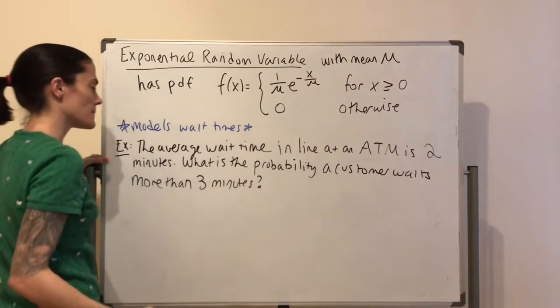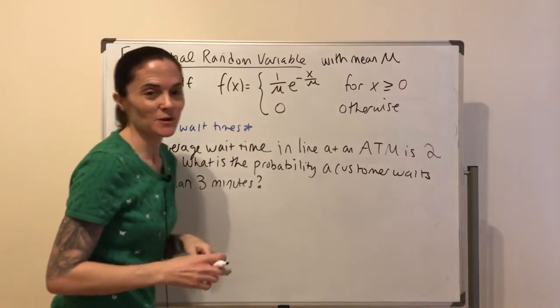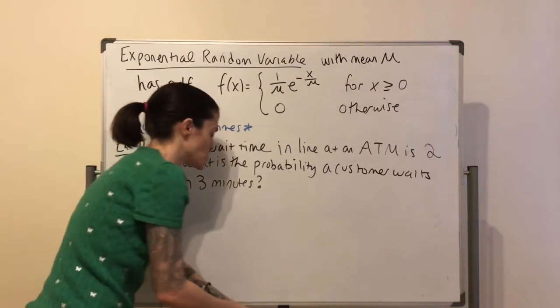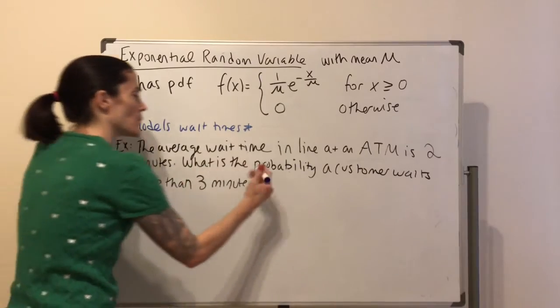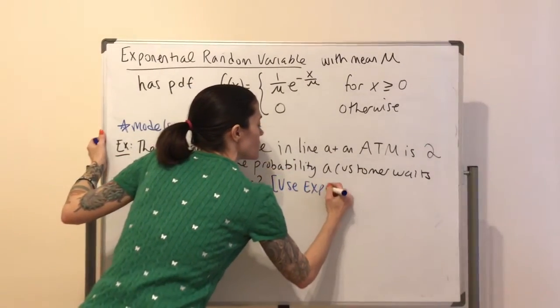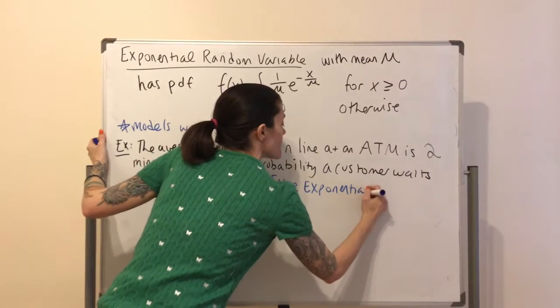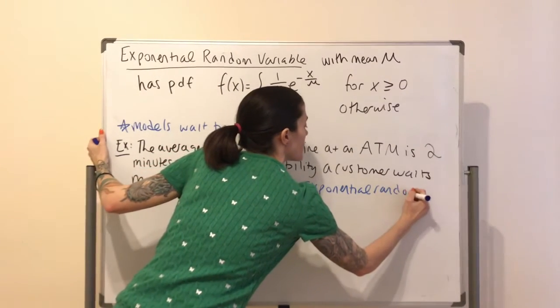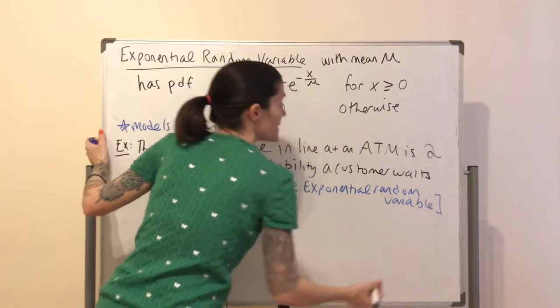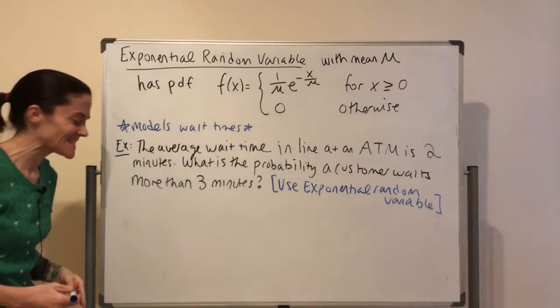And then part B, we will have an exercise to see, in fact, that the mean is 2 here. And we will use the exponential random variable. So we can assume that this wait time is modeled by this.